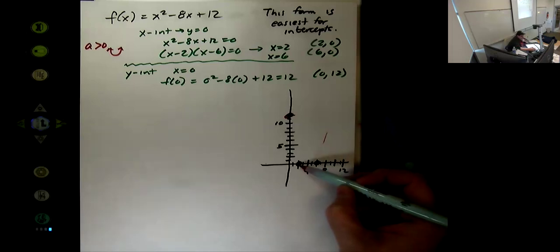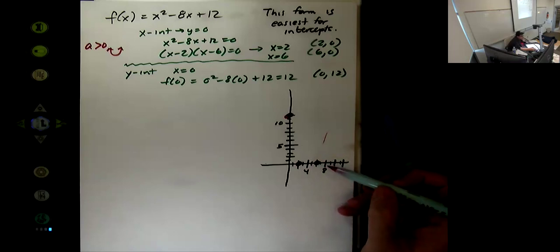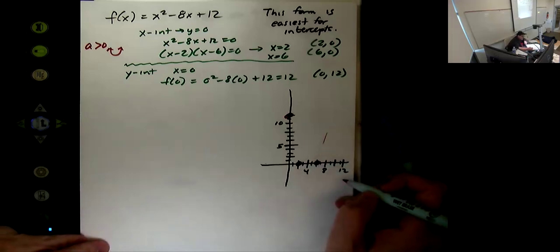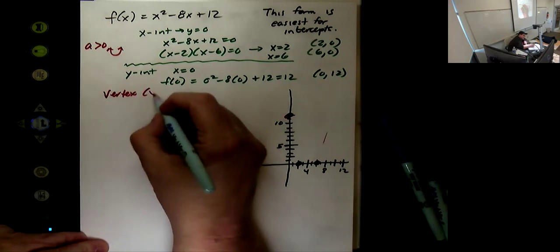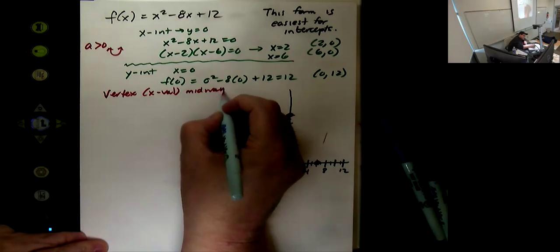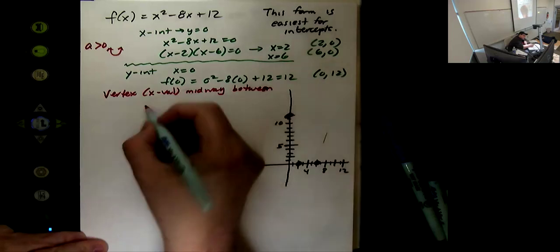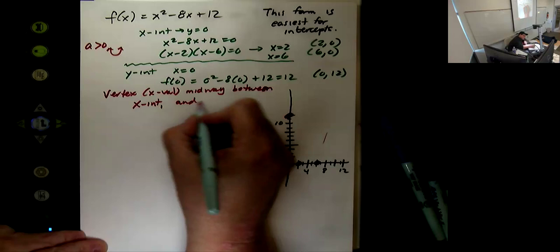And with our crossings at 2 and 6, do you guys have an intuition of where that vertex might be, at least in terms of x? 4. The vertex is generally midway between them. The x value at least tends to be midway between x-intercept 1 and x-intercept 2.